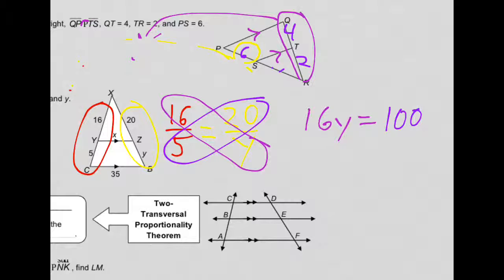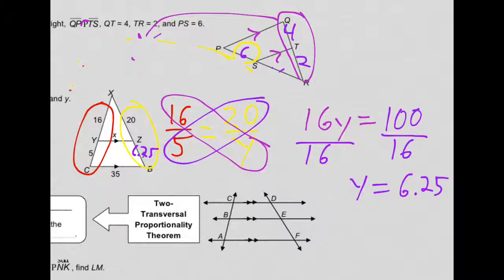So I divide both sides by 16, and I get y equals 100 over 16, which is 6.25. So I know that y is 6.25 over here. Now I'm asked to find our x.